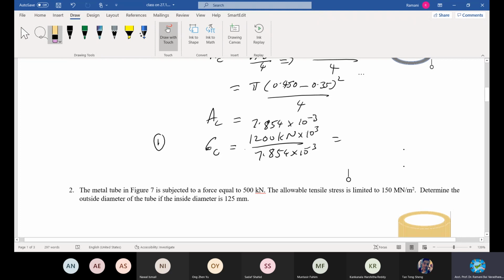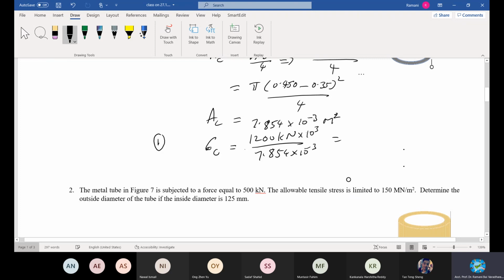We're getting 19 megapascals. That's the correct answer. Is the area correct? Meter square, right? It's in meter square, right? Should be in meter square.